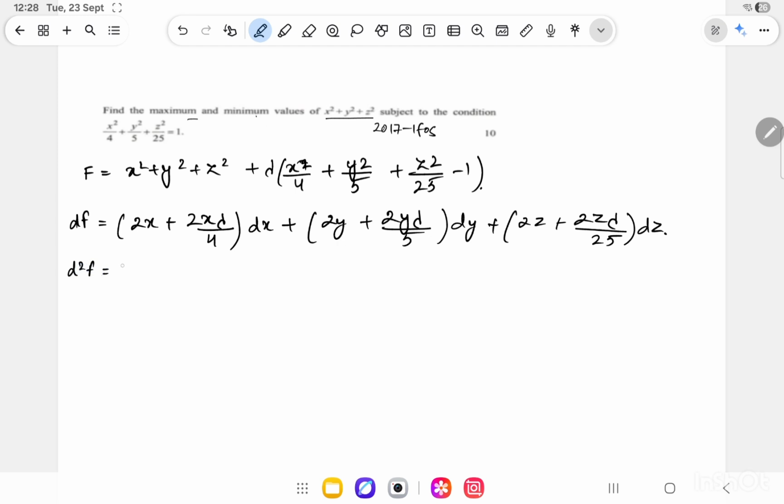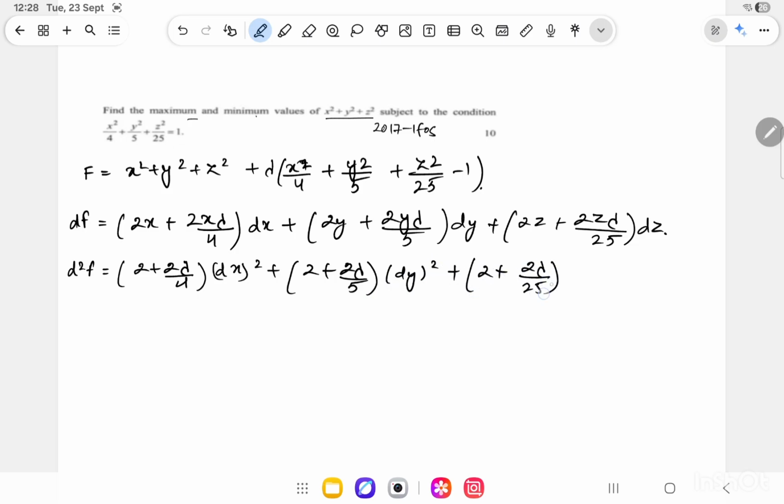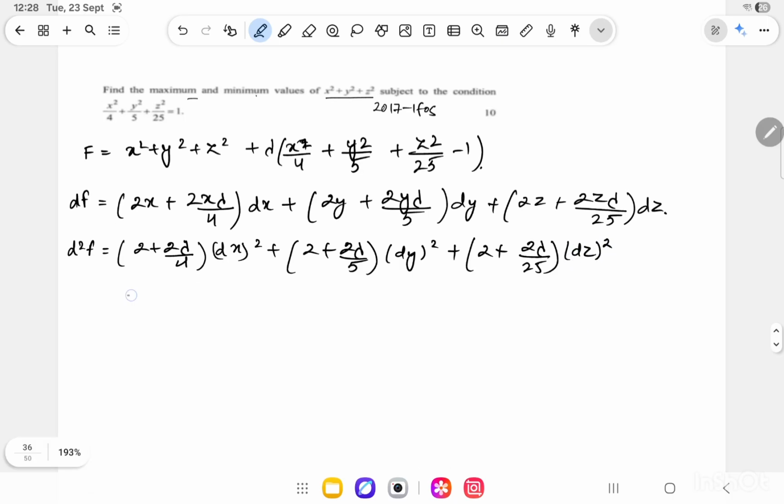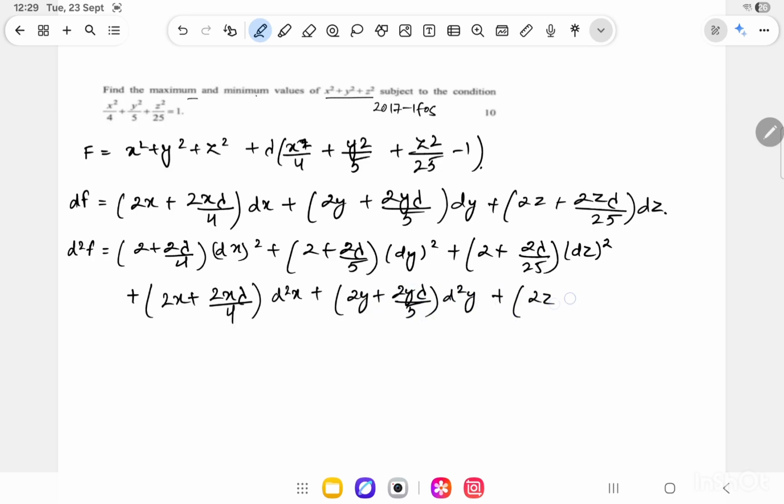So that will be basically (2 + 2λ/4) into dx² + (2 + 2λ/5) into dy² + (2 + 2λ/25) into dz² + (2x + 2xλ/4) into d²x + (2y + 2yλ/5) into d²y + 2zλ/25 into d²z.